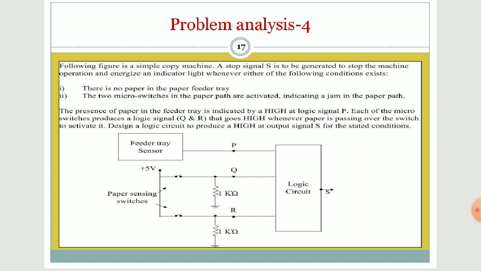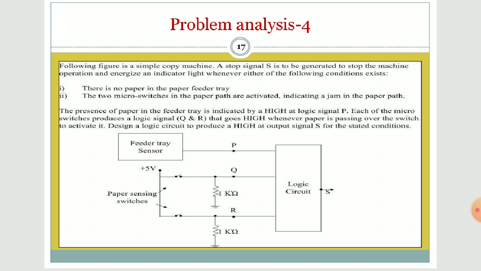The presence of paper in the feeder tray is indicated by a high logic signal P. Each of the micro switches, Q and R, will produce a logic high signal whenever paper is passing over the switch to activate it. So we have to design a logic circuit for this simple copy machine.